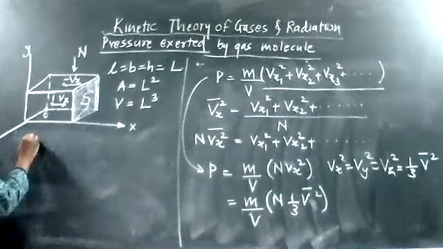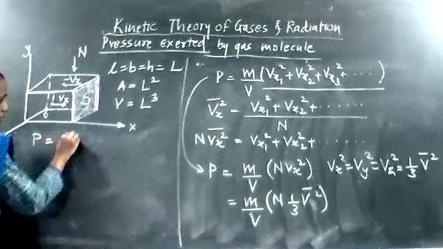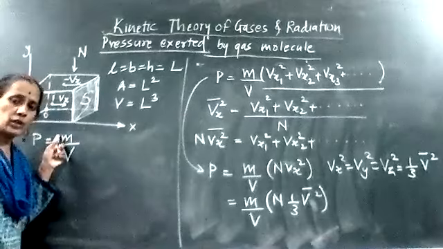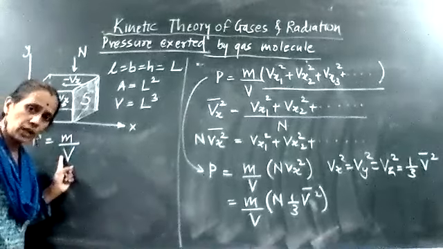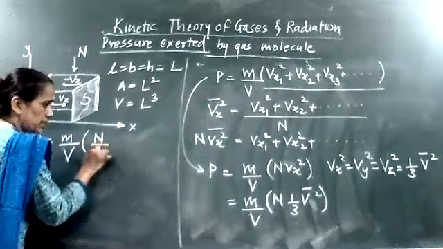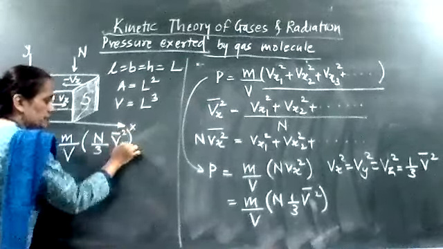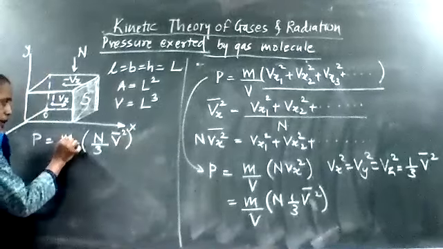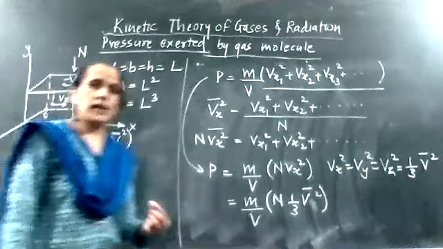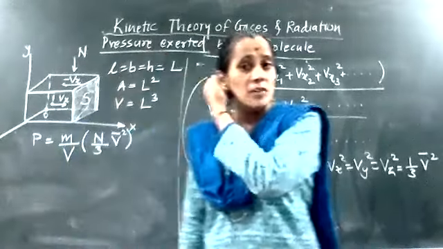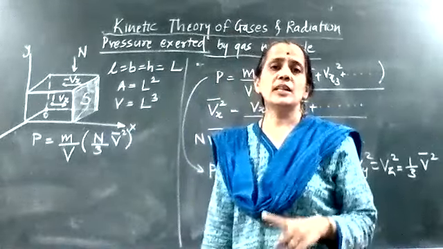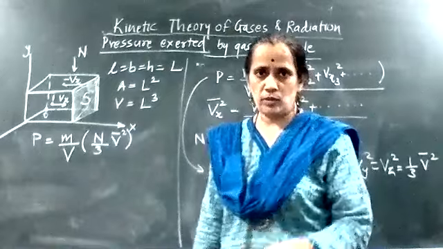We will write this down. Pressure is equal to M upon capital V. M is the mass of the gas molecule. Capital V is the total volume of the gas inside the bracket, N by 3 V bar square. Therefore, small m is the mass of one gas molecule, and capital N is the total number of gas molecules.